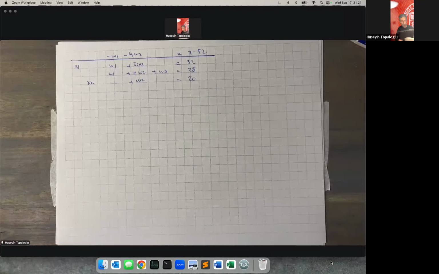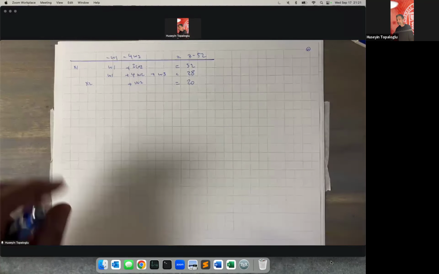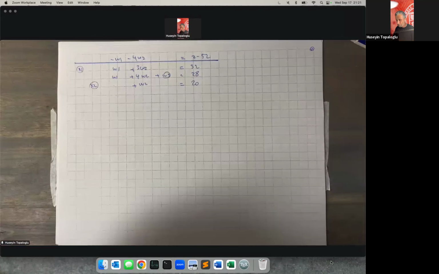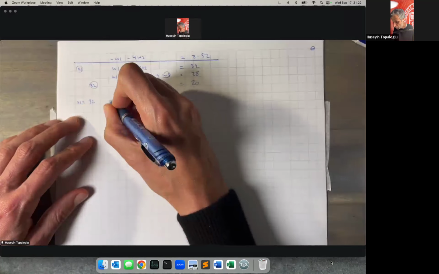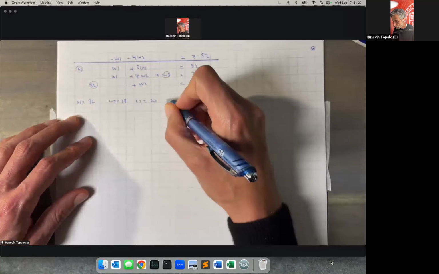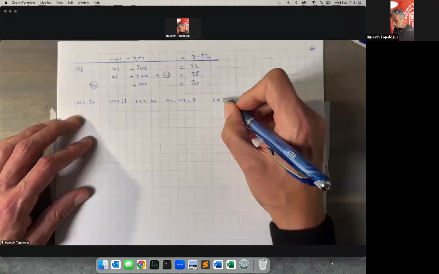Good. What are our basic variables? X1, W3, X2. X1 is 32. W3 is 28. X2 is 20. W1, W2 are 0.